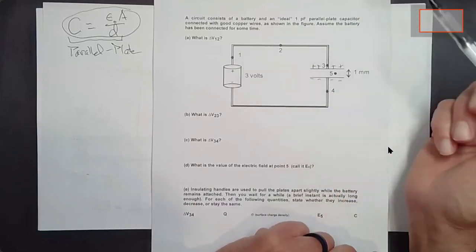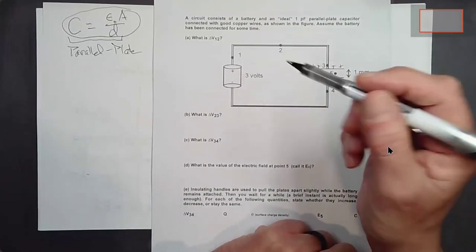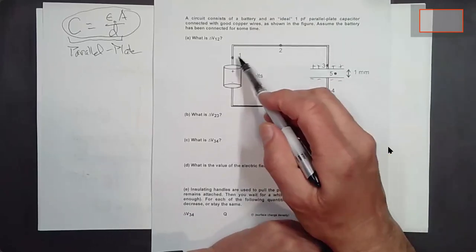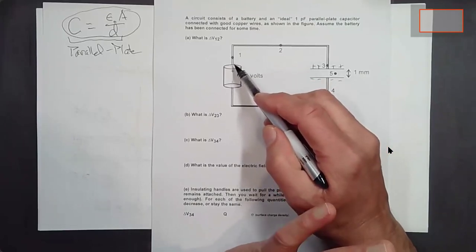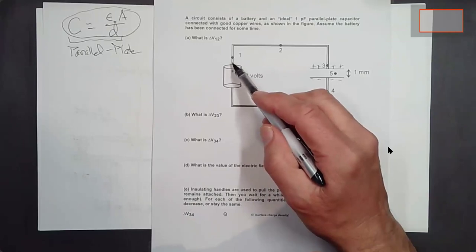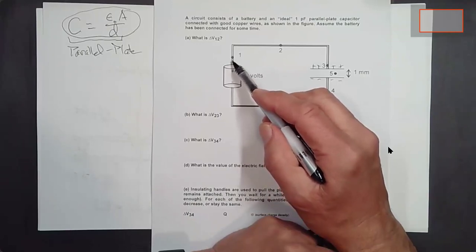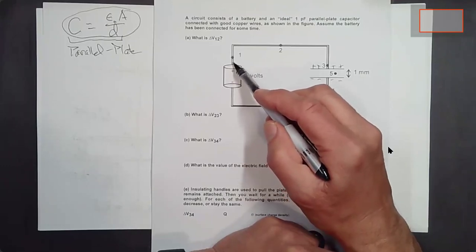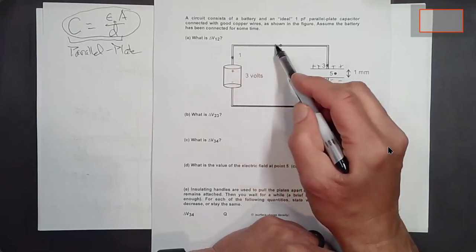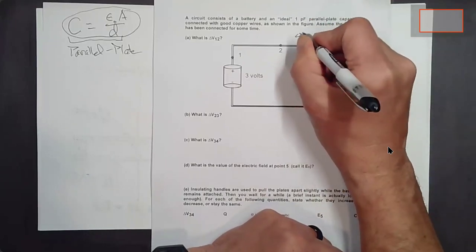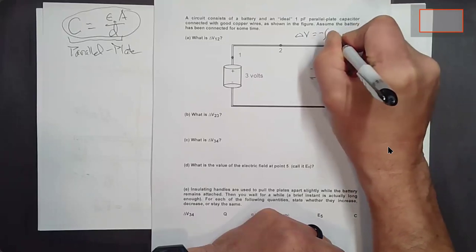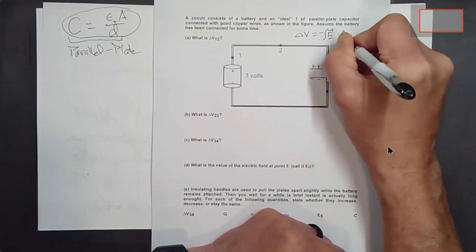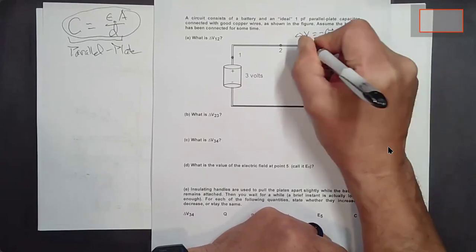Okay, so first question is, what is delta V12? Well, that's from this point to this point, and we're in an electrostatic situation, and in that situation, there is no electric field in the conductors. So there's no electric field in here, and since delta V is equal to the negative of the integral of E dot dl, if E is zero, delta V is zero.